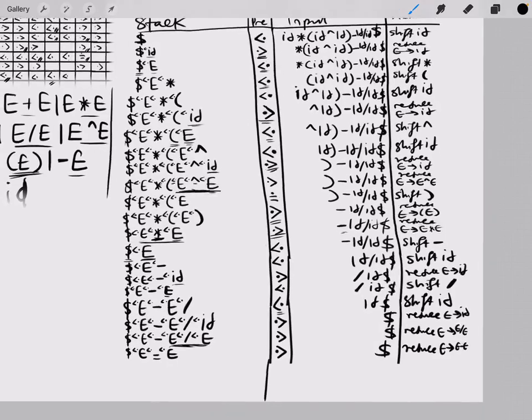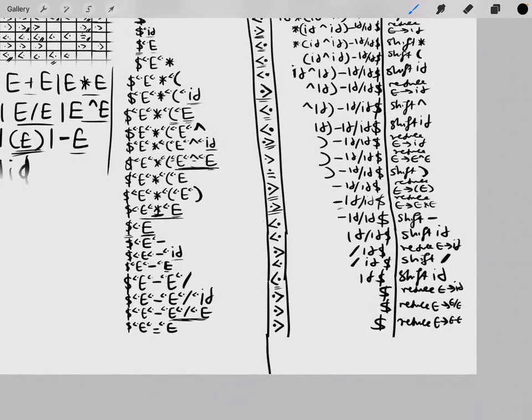From here, it's just one more reduction. Since that reduces, and this is the handle, you can just reduce this back to E. And then since we have reduced back to E, and then it's just the dollar sign, there are no more actions. We have dollar sign and dollar sign, which doesn't have an entry, so we can accept.